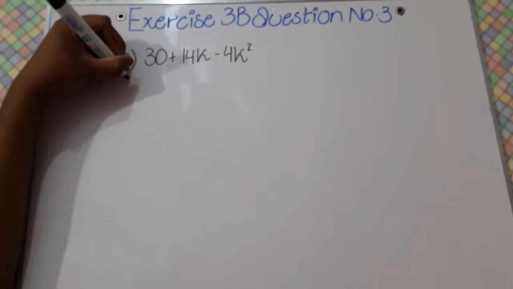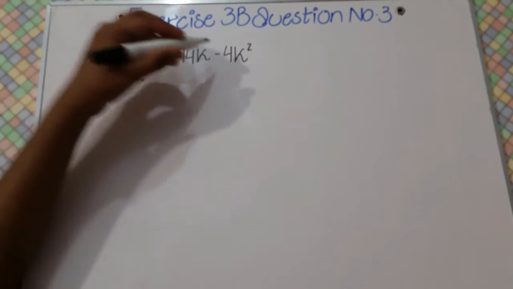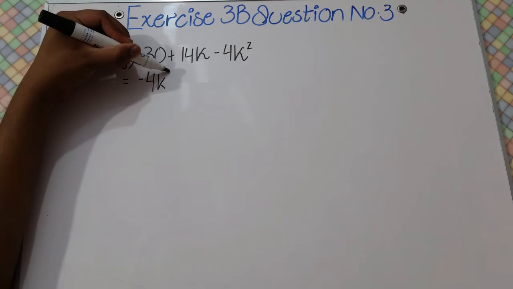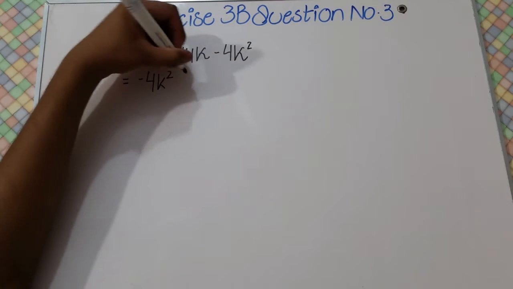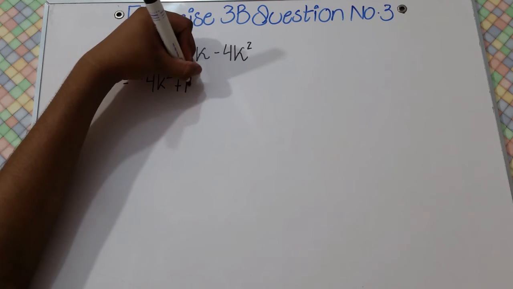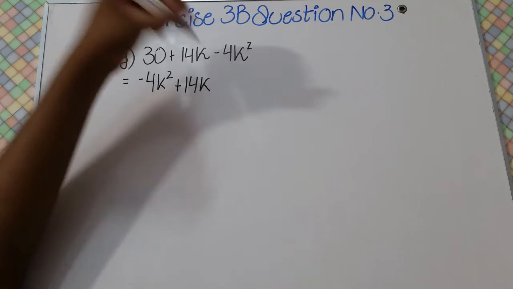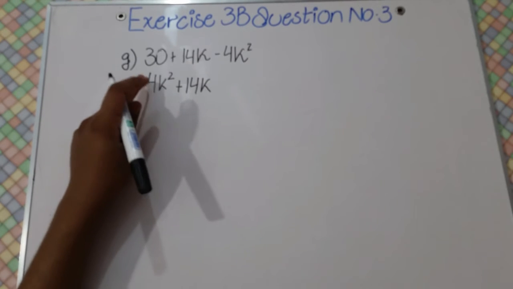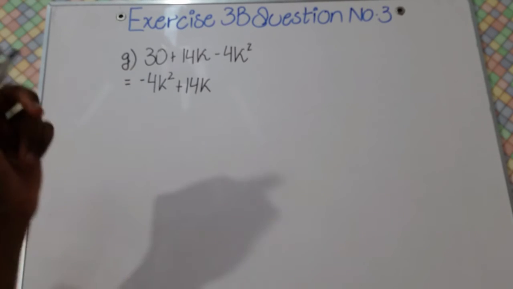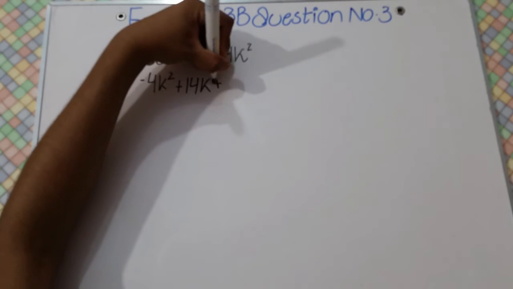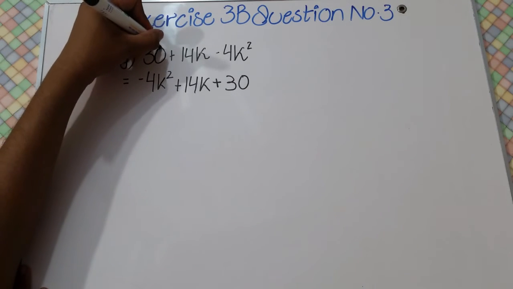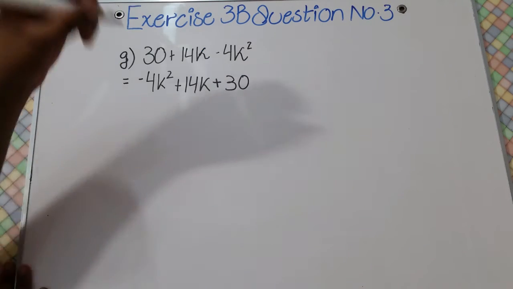So I'm going to shift it, minus 4k square would be like this, and then plus 14k, then plus as 30 is positive, so it is plus 30.